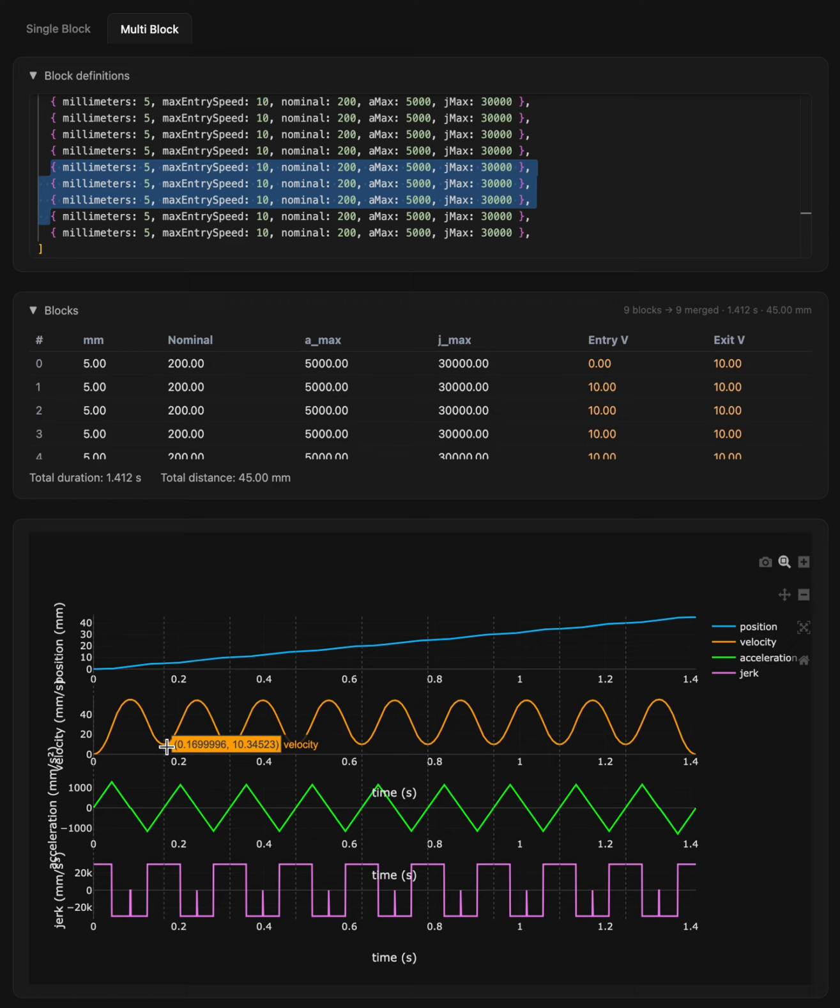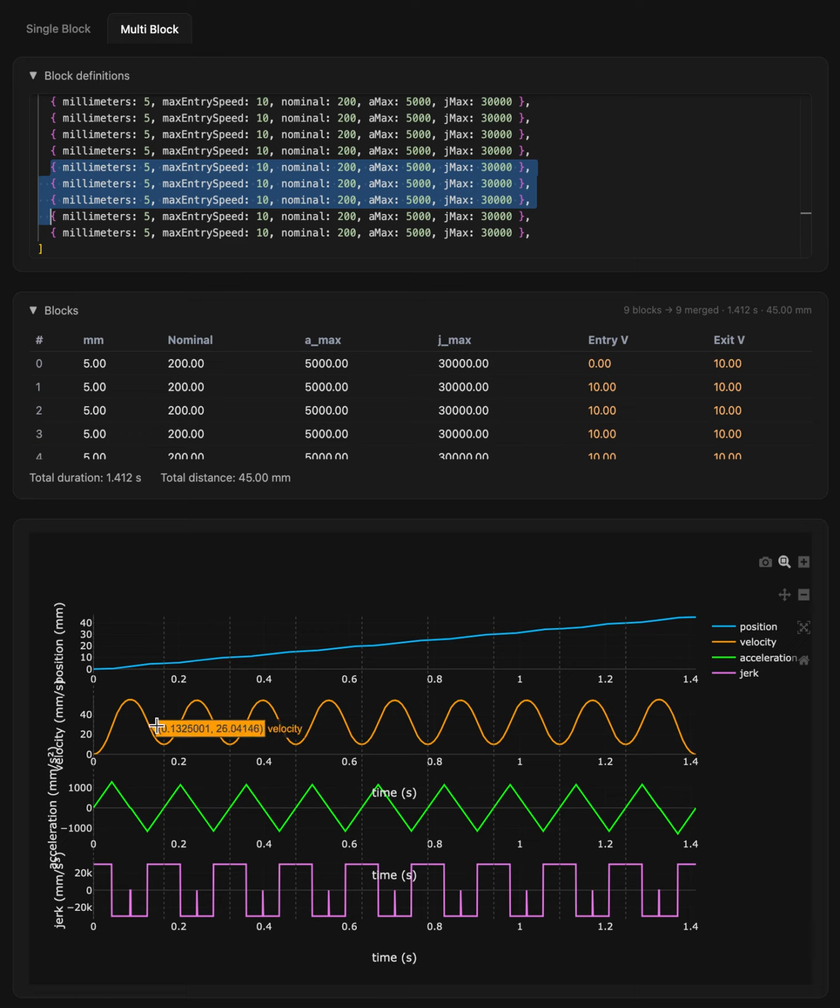But it also means that if we have a lot of small collinear segments, as happens if the printer is doing a curve, then the printer needs to spend a lot of time ramping up acceleration to then slow down and end up at zero.